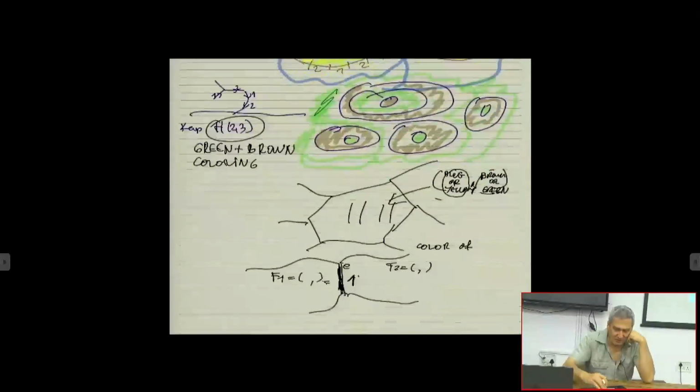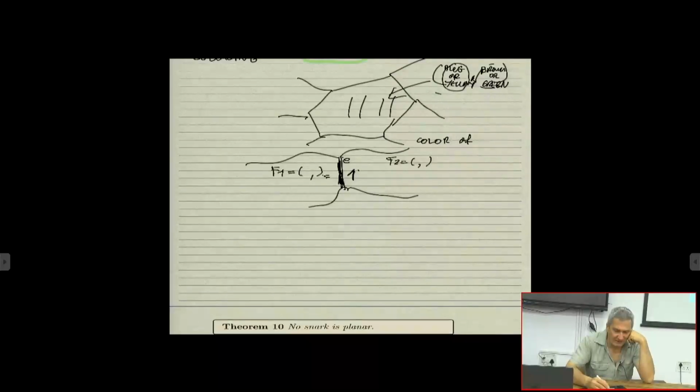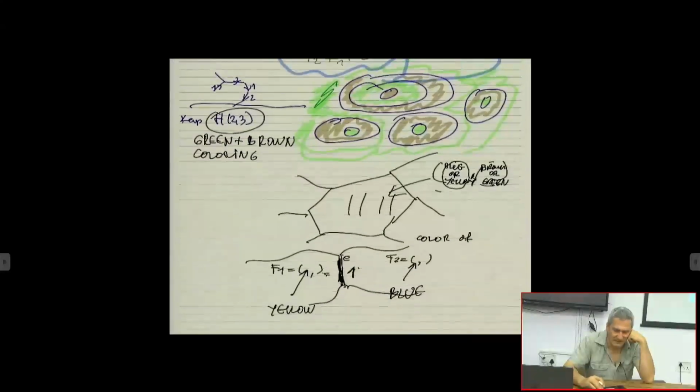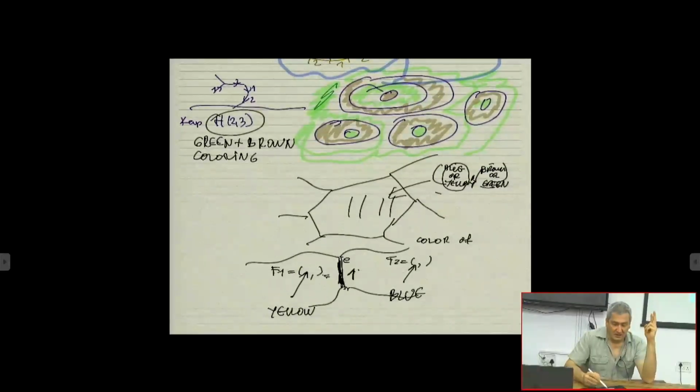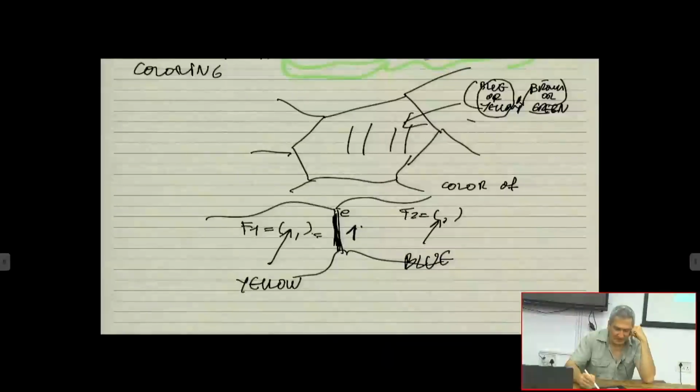If we have here yellow, we must have here blue. We had yellow and blue in the first part, or vice versa. So these two colorings will be different, because the first coordinate of this color will be yellow and the first coordinate of this color will be blue.